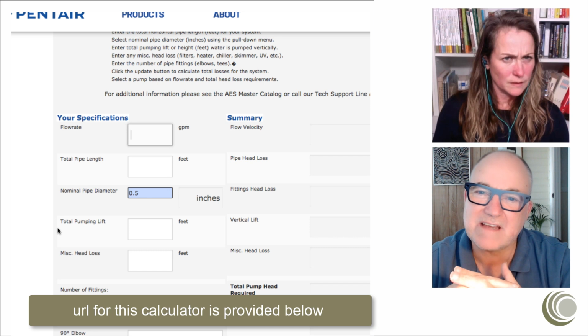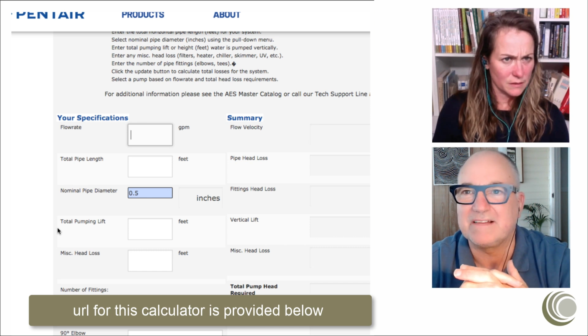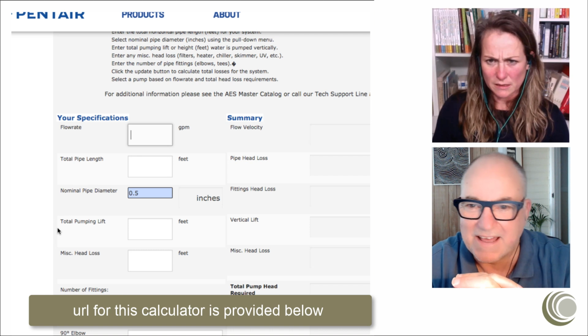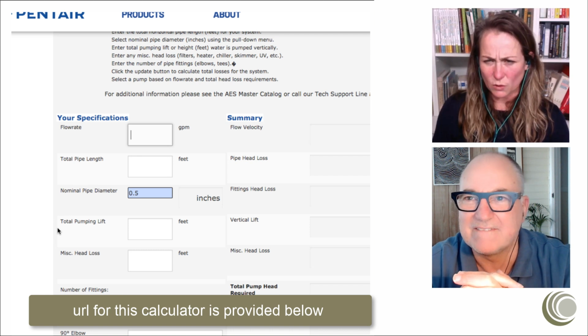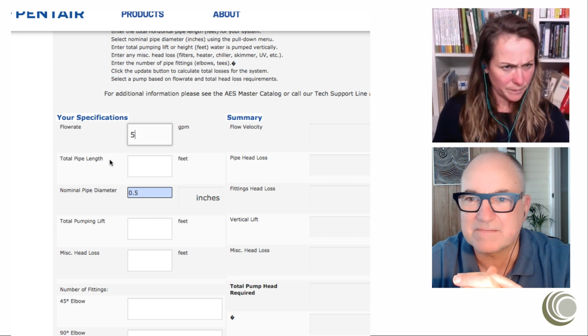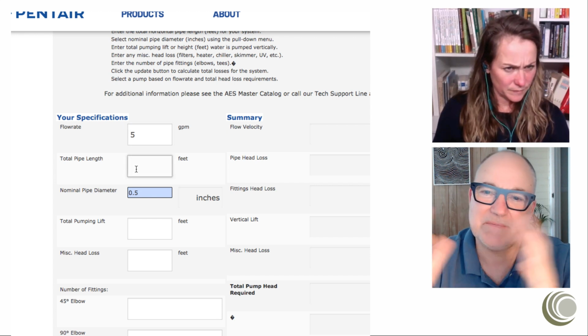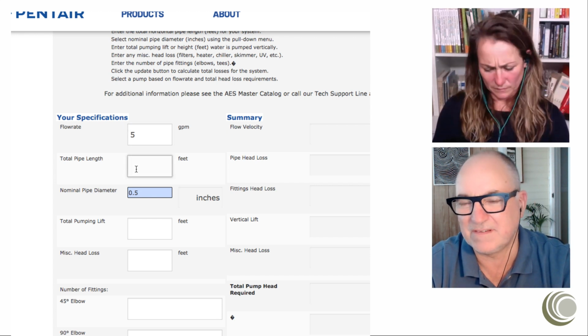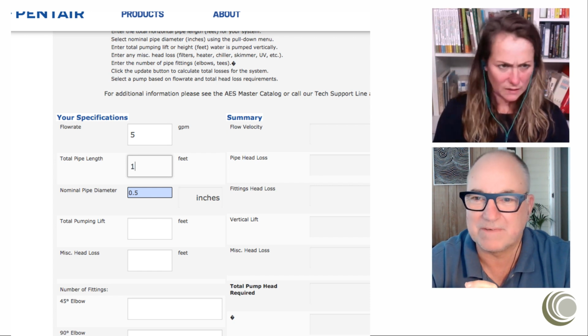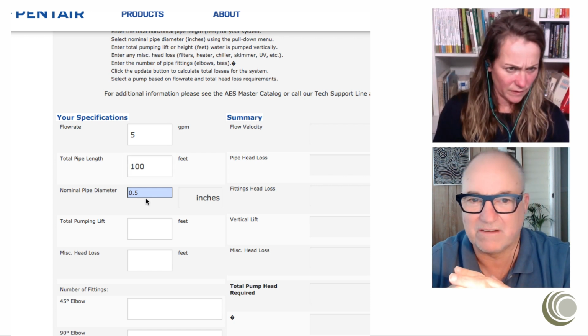So say we said we need a maximum of 20 litres. So how many gallons is that? Yeah, let's do that here. It's a quarter, right? So 20 litres would be 5 GPM. Let's put 5 in. Say a typical house, you're going to have about 100 feet of plumbing, unless your rainwater storage is a long way away.